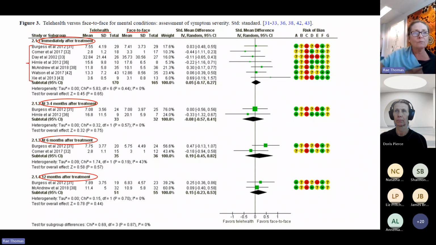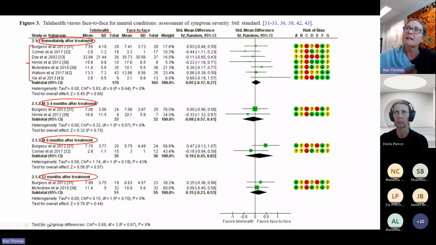What is the forest plot divided into? Over here in these brackets, these are all of the included studies that looked at symptom severity immediately after treatment. So all of those studies contributed to the answer about symptom severity immediately after treatment.